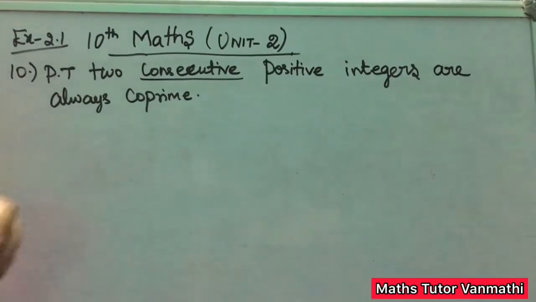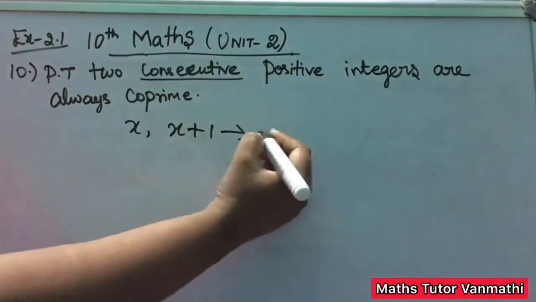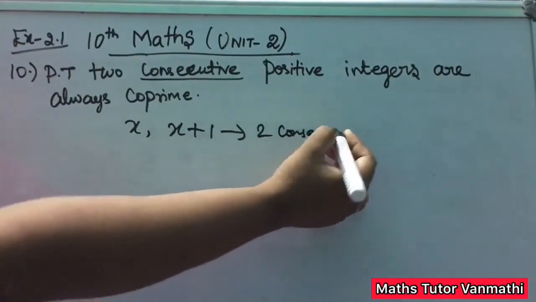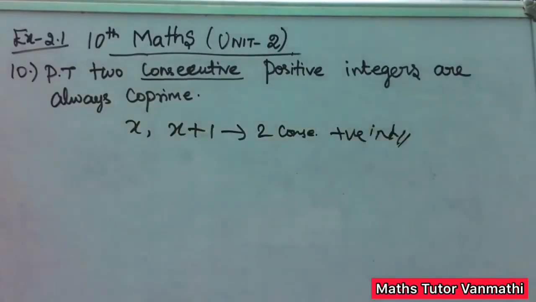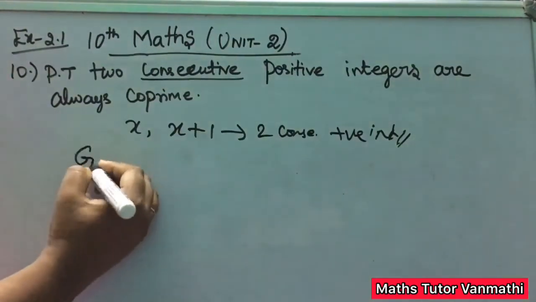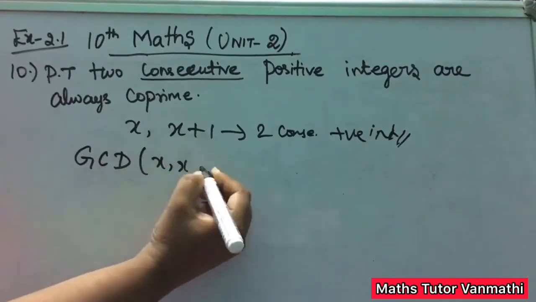First we are taking x and x plus 1 as two consecutive positive integers. Now we are going to find the GCD, that is greatest common divisor, of x comma x plus 1.